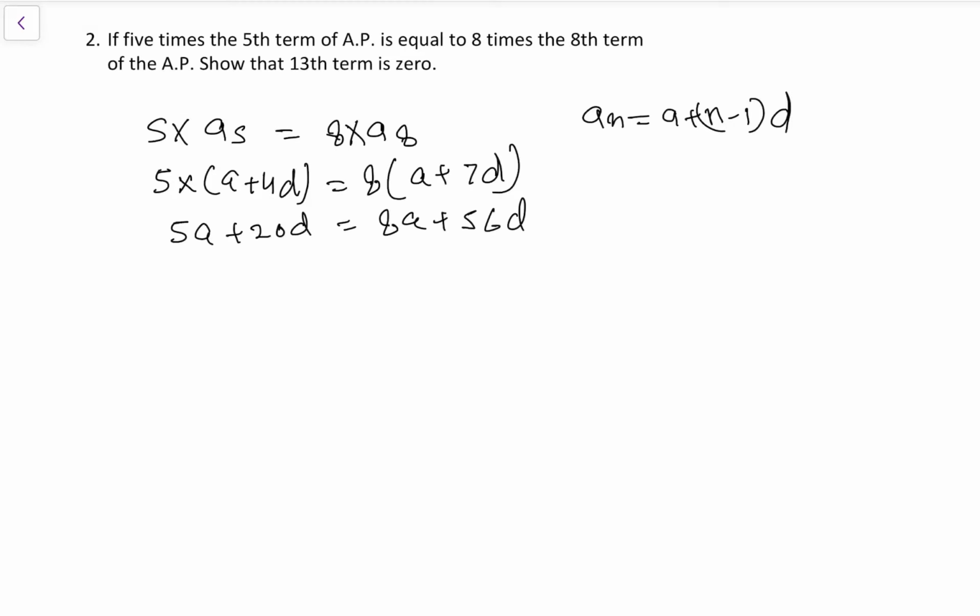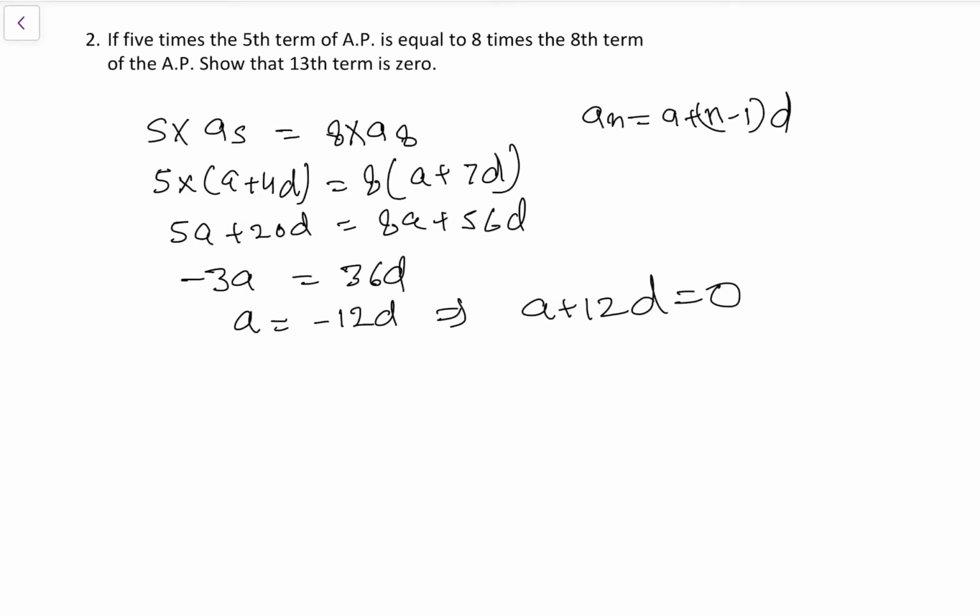So if we take A to one side, this will become minus 3A, and this will become 56 minus 20, which is 36D. So A is equal to minus 12D. So we can write A plus 12D is equal to 0, and we know that A plus 12D is nothing but A13.